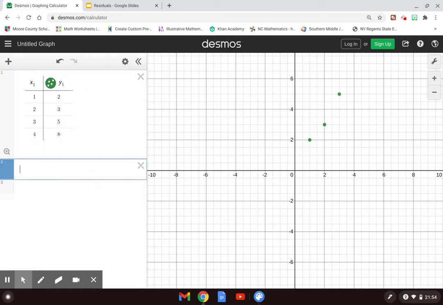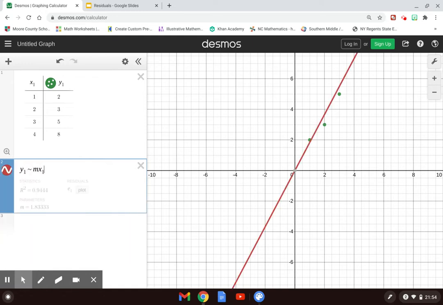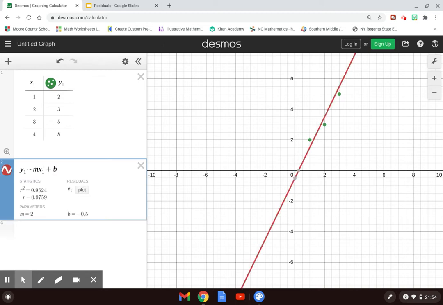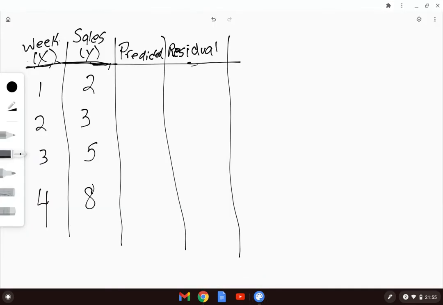And then now we simply come down here and we enter y1 is approximately mx1 plus b. Okay, and so that gives us the equation for the line of best fit. So as you see down here, m equals 2 and b equals negative 0.5. So that means the equation for my line of best fit is going to be y equals 2x minus 0.5.